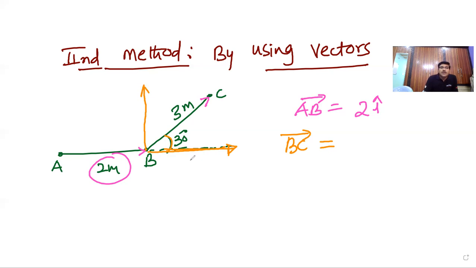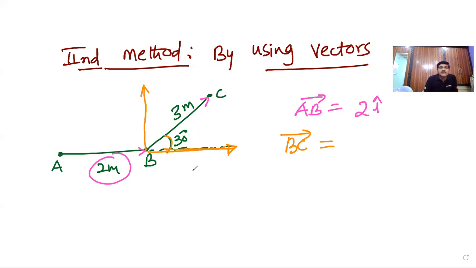Clear? Now observe, the horizontal component is what? In the previous sessions, we have seen this, it is the x-axis making 30 degrees. So cos of that.